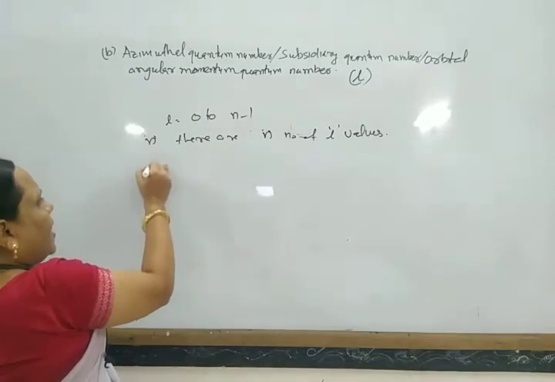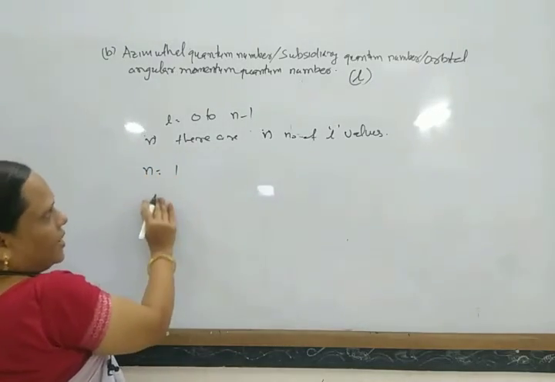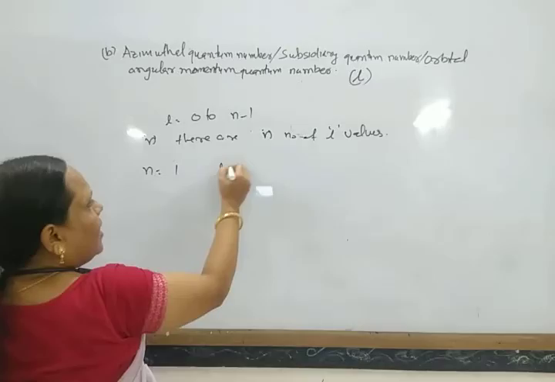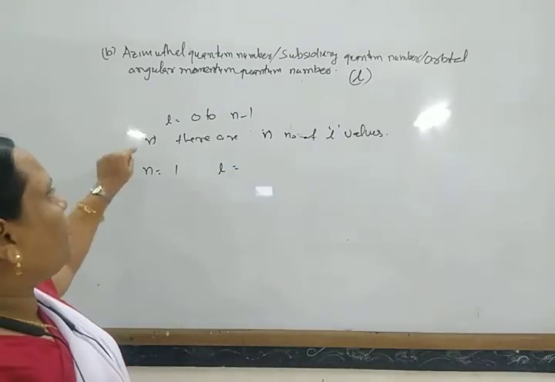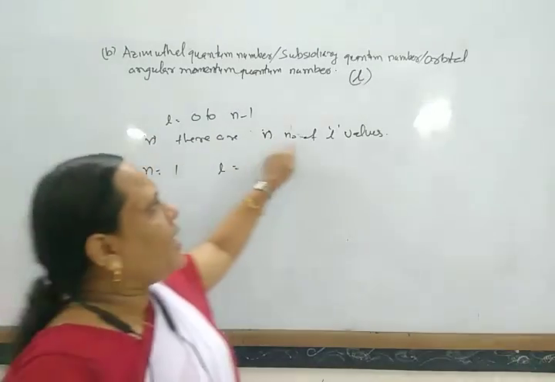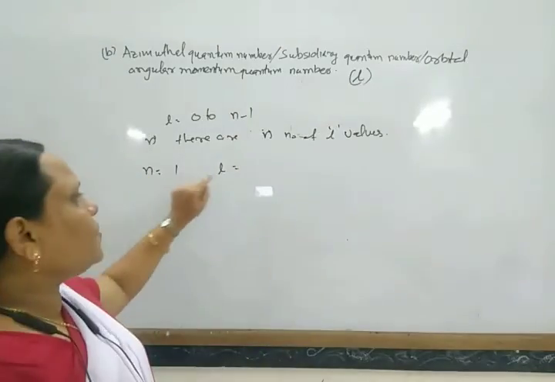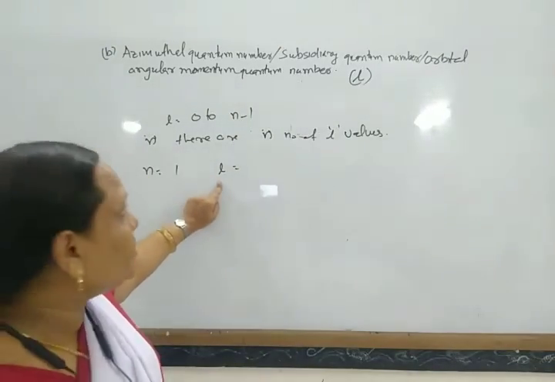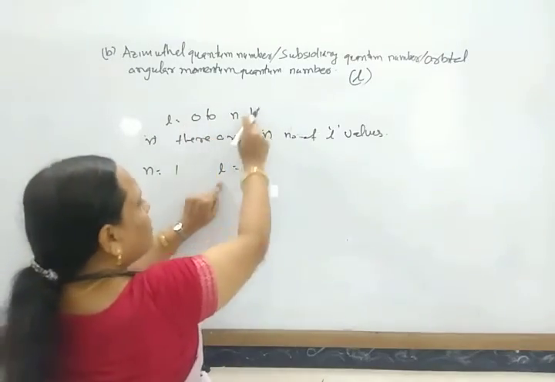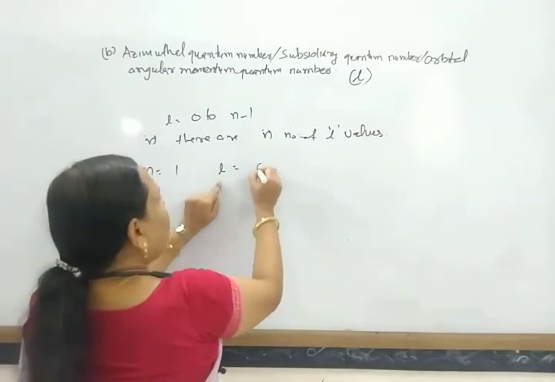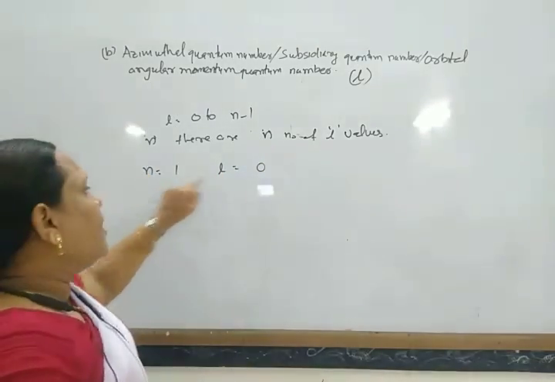So when n equals 1, L has only one value. And what is that value? 0 to n minus 1. So 1 minus 1, that is 0.